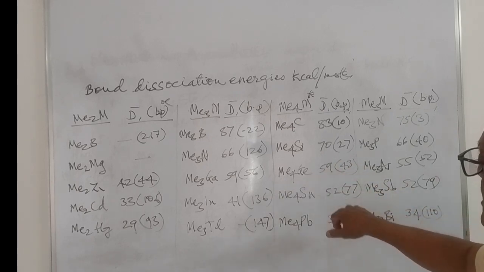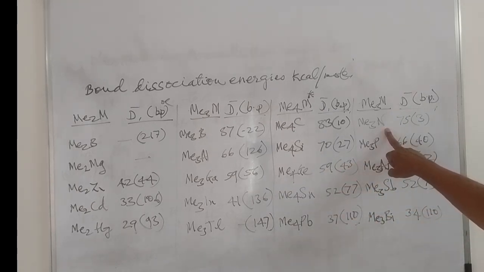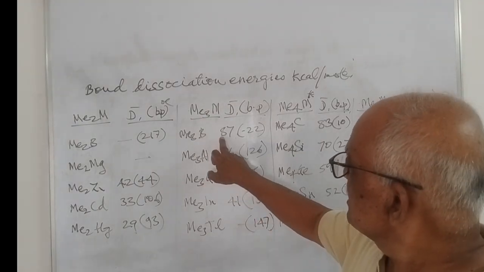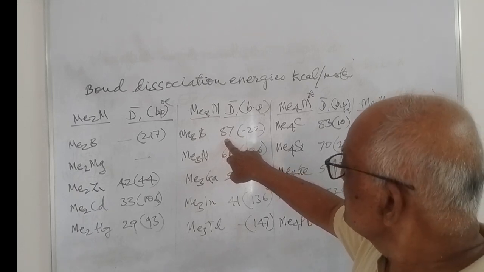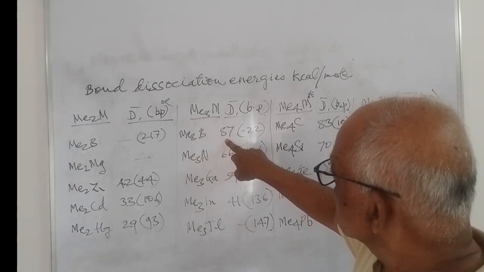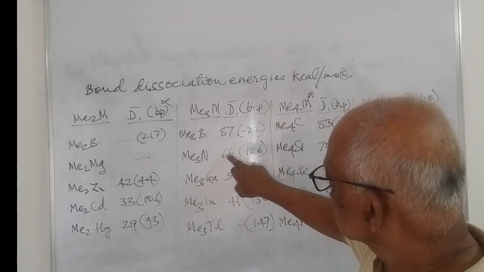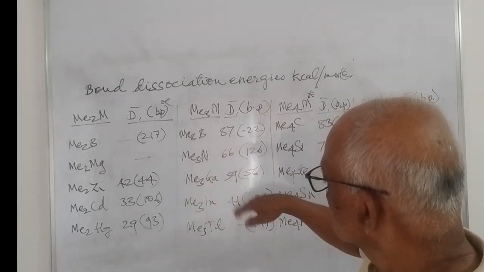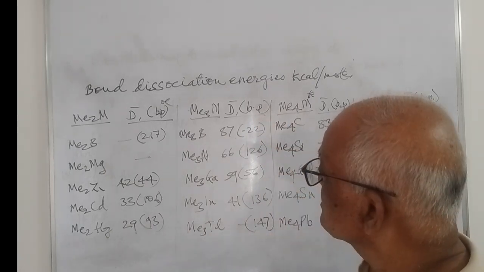So the bond becomes weaker and weaker. Here Me3N has 75 and the energy decreases. Everywhere you will find that the upper elements show higher bond dissociation energy and lower boiling points. So these bond dissociation energies gradually decrease and boiling points increase.